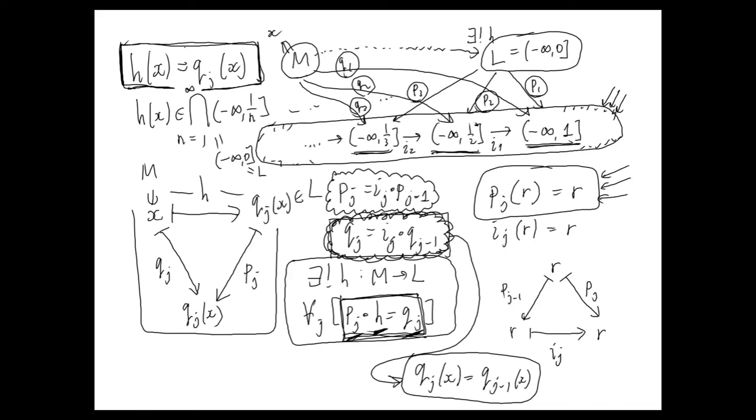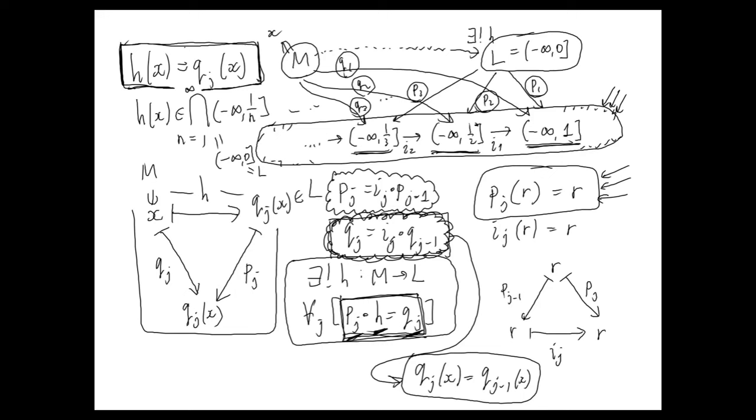So if I map x by h to Qj of x, and then map that by Pj, it will still be Qj of x, and that's exactly what Qj does. So we've shown that we actually do have a map h.